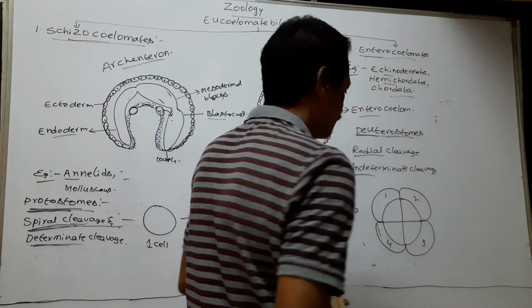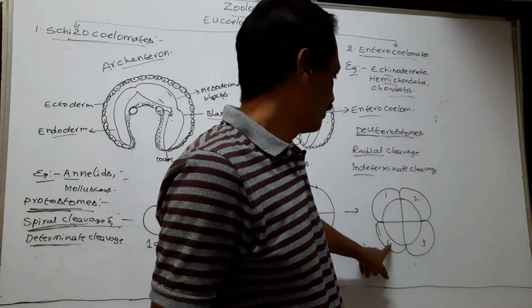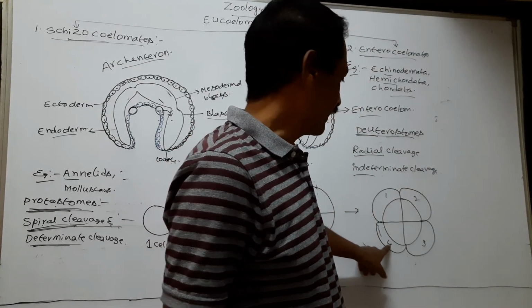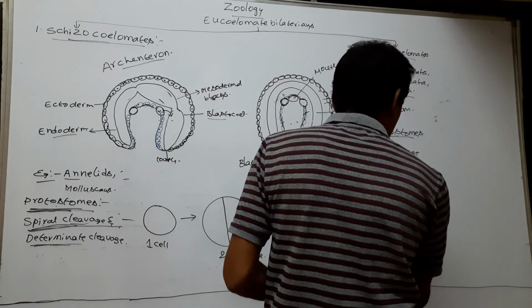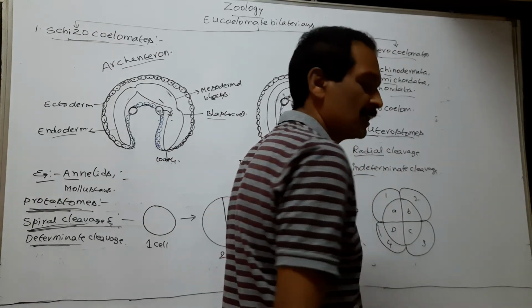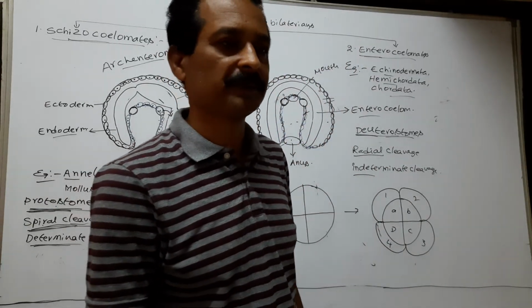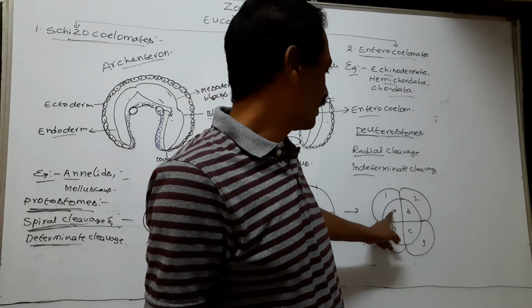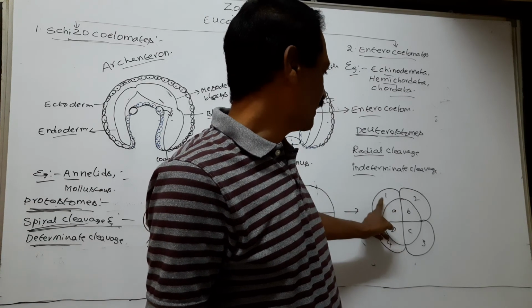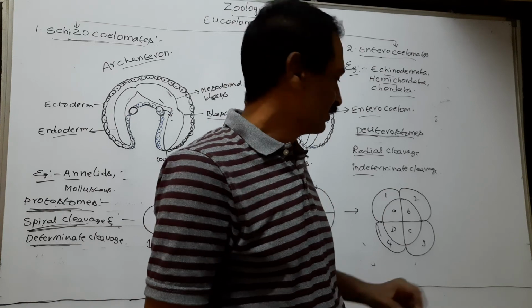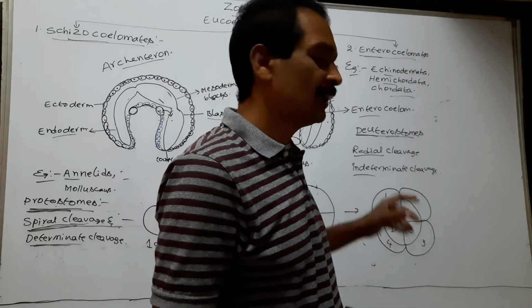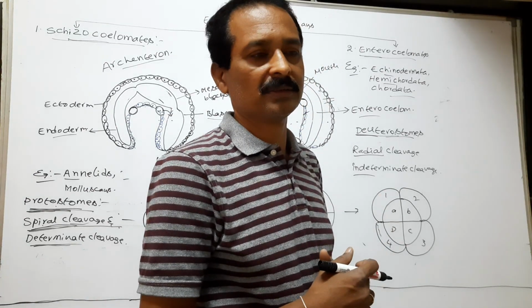These cells are arranged in the lower tier. These are A, B, C, D. These 4 cells are arranged in the upper tier. So each cell of the upper tier is arranged directly above the cell in the lower tier.